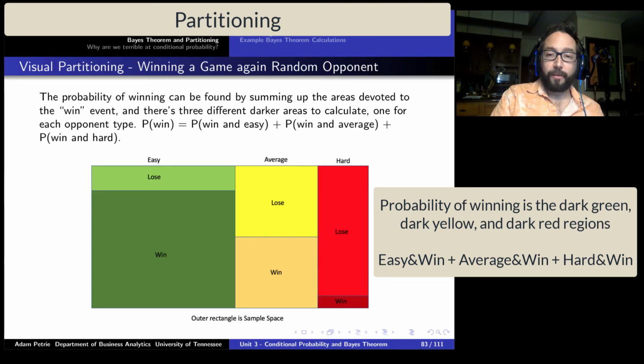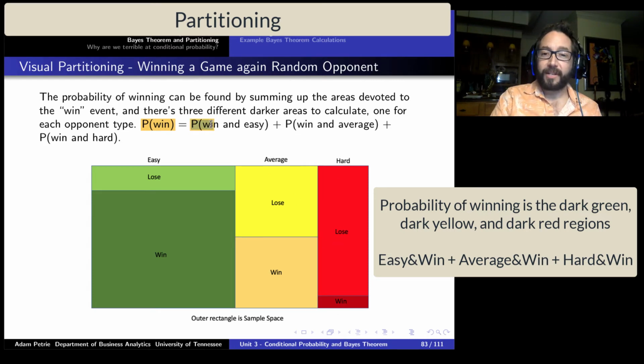All right, so formulaically, kind of operationally, here's what we just reasoned into. If we want to know the probability of winning against a random opponent here, we need to add up three quantities: the three dark regions where we win against an easy opponent, win against an average opponent, and win against a hard opponent.